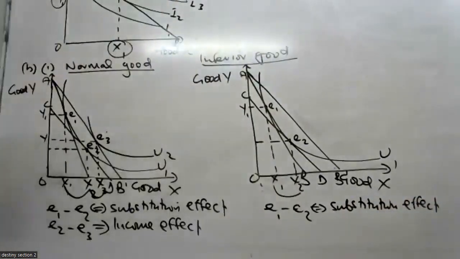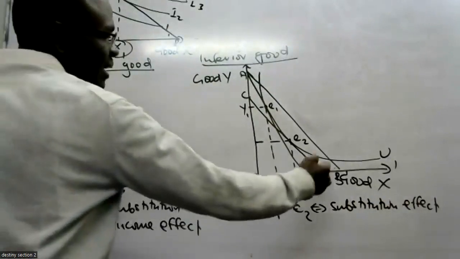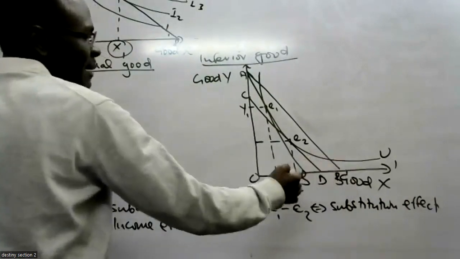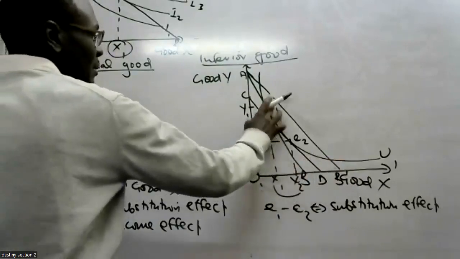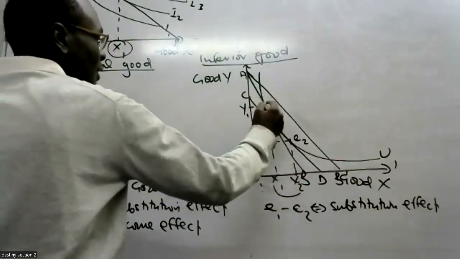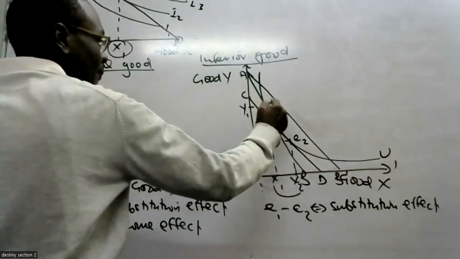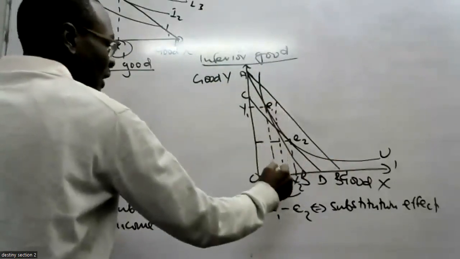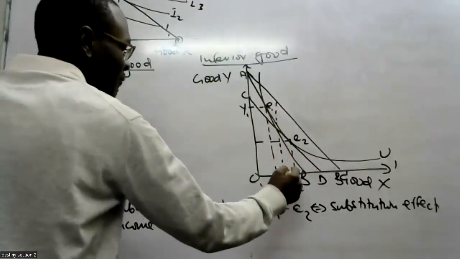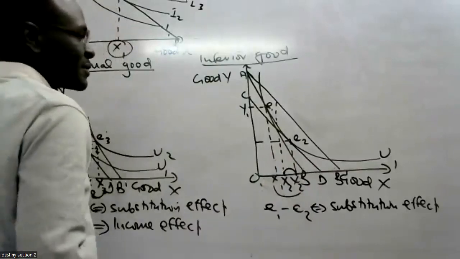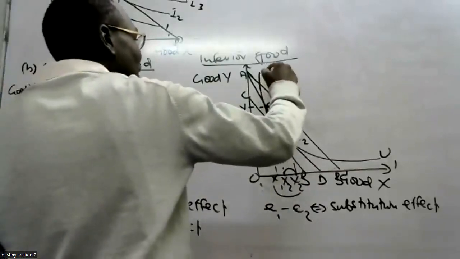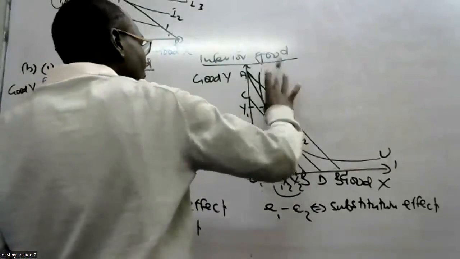The difference now would be in the income effect. Instead of moving X3 ahead, it will come in the middle. X3 has moved backwards. The income effect has moved backward, so I'll have my indifference curve there.